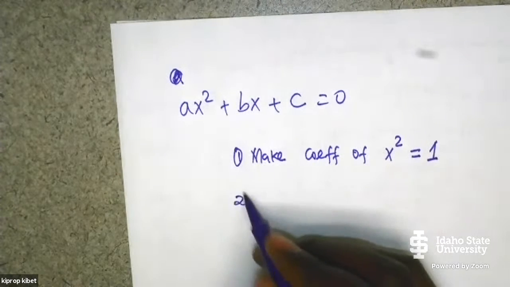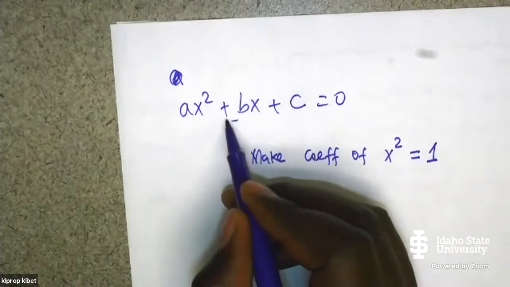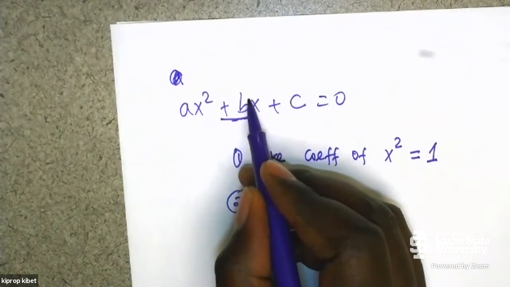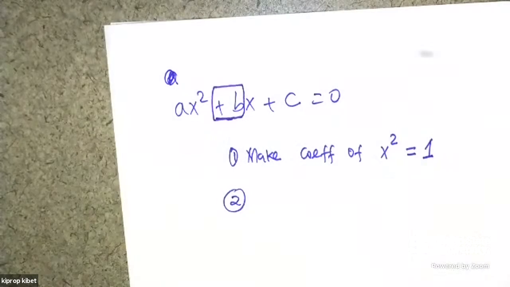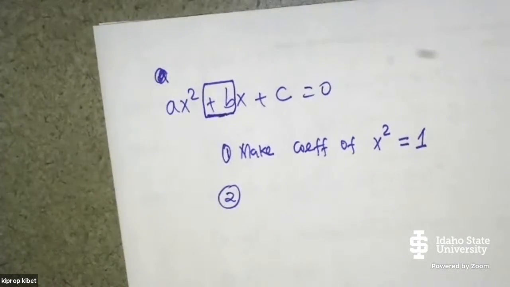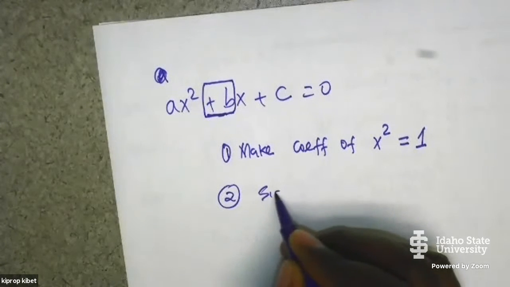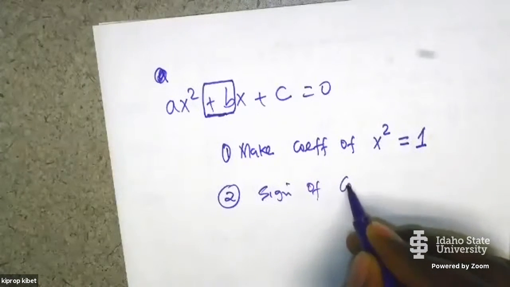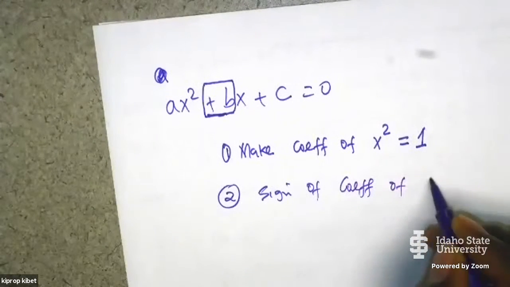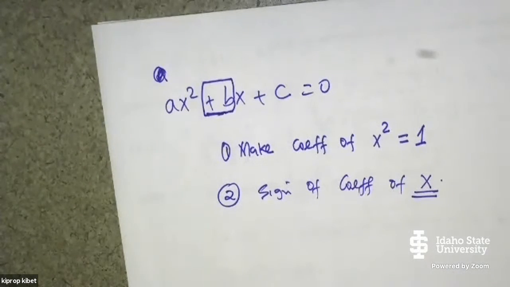Number 2, you also check the sign of the coefficient of x. If it is minus, you make sure you consider minus. If it is plus, it is okay. This is after dividing by the coefficient of x squared.